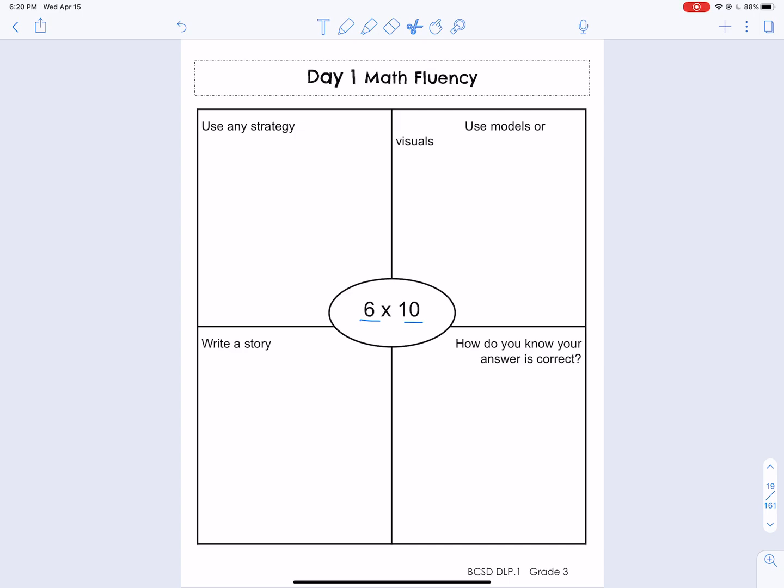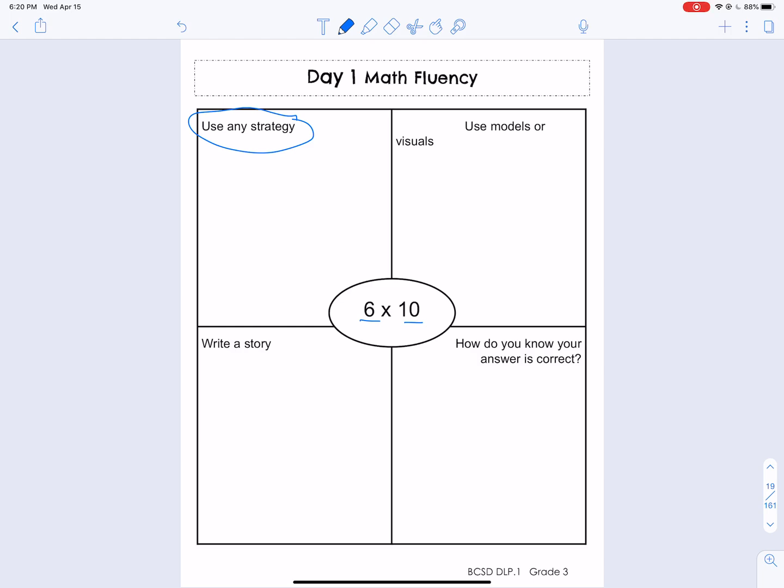So here we go. In the first box it says use any strategy. Whoops, let me get my pencil here. Okay, use any strategy. I think I would like to demonstrate 6 times 10 using repeated addition. And remember, with repeated addition, we can use either of the factors, and we just have to repeat that number for the given amount of times.